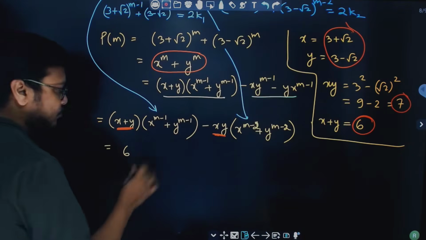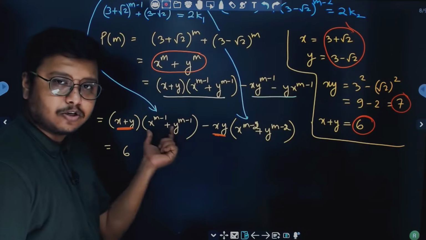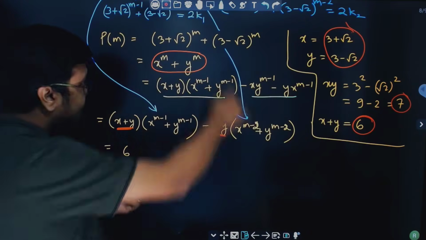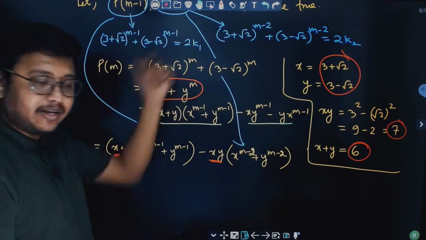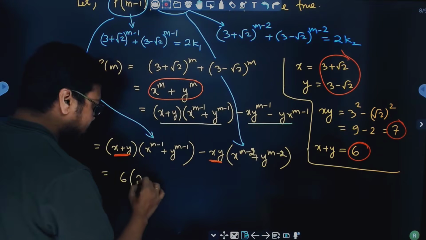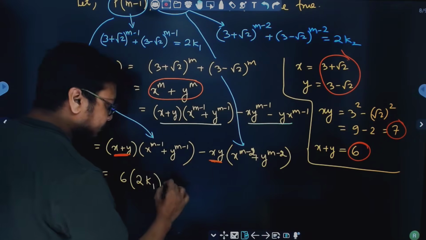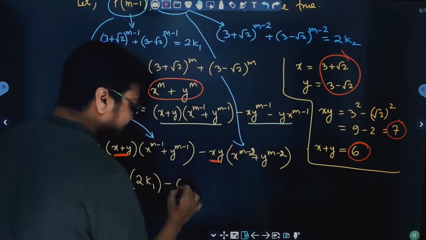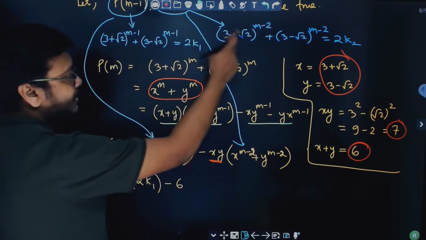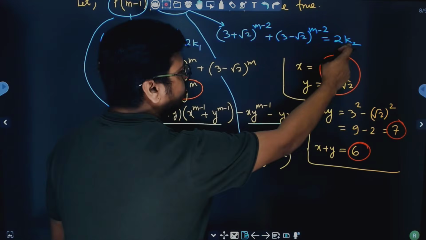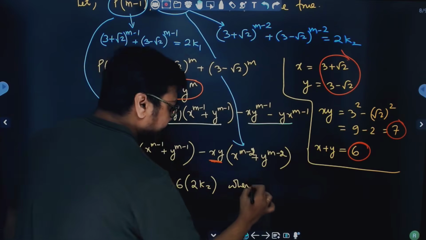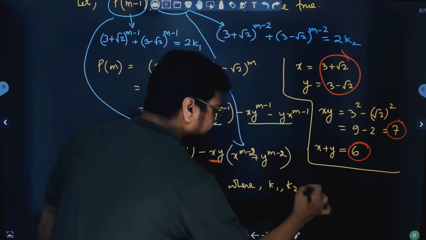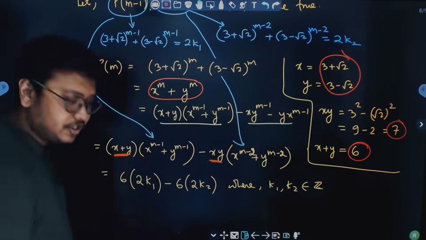So I have 6 times, this is my m minus 1th statement, and as per the m minus 1th statement, this value equals 2 into k1. So this is 2 times k1 minus x into y, which is 7, times, this is my m minus 2th statement, which is 2k2. So 2 times k2, where k1 and k2 were supposed to be any integer.